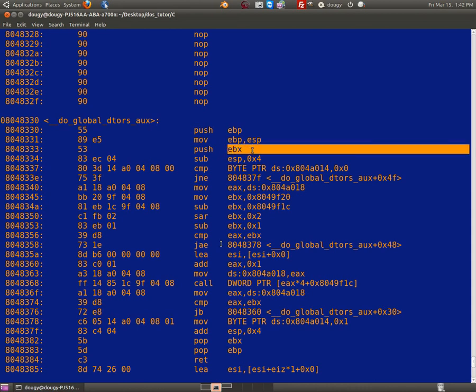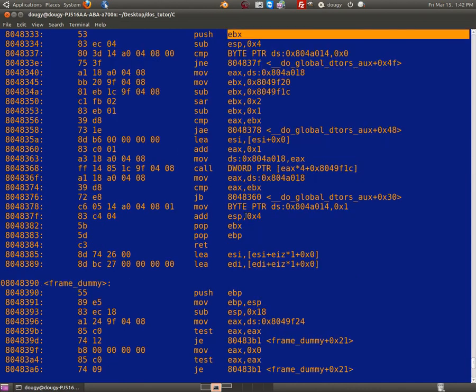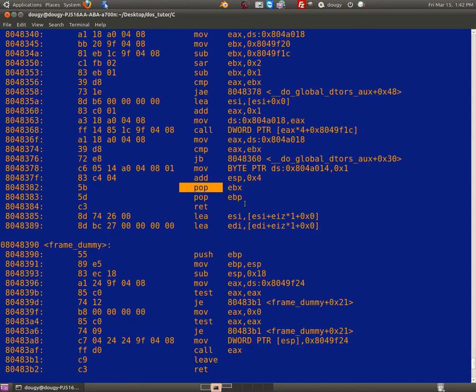EBX, remember, E for extended, BX is my register. That's an area to put stuff. That's the box. This is referring exactly to the box that I showed you in the previous slide. And this here is saying push EBX. Dealing with the stack. Pop is another word for dealing with the stack.